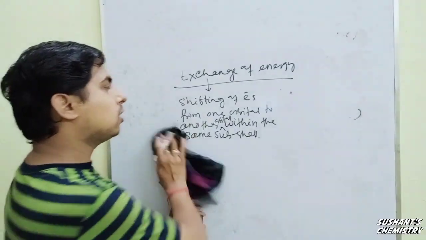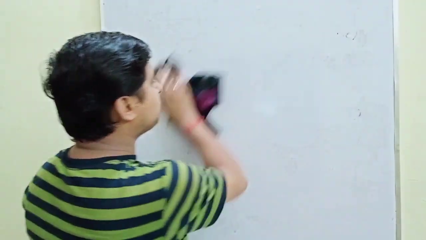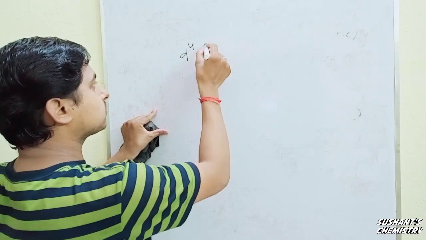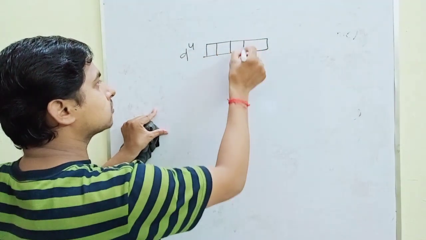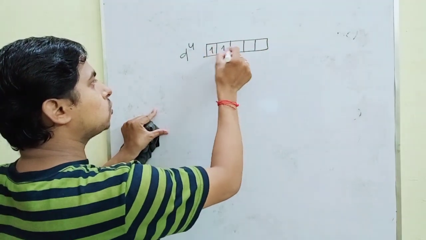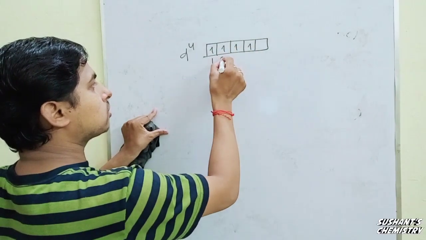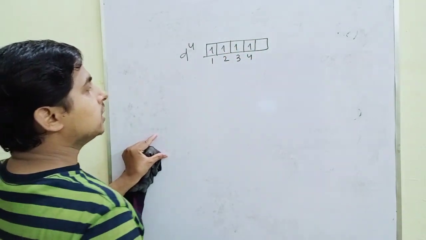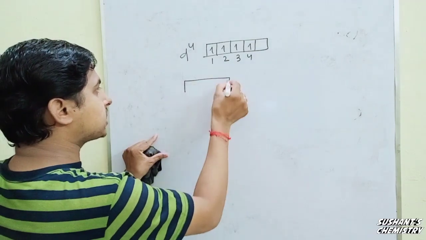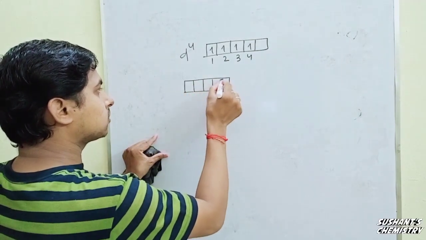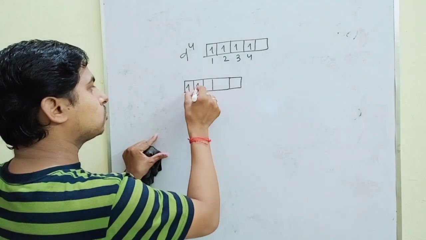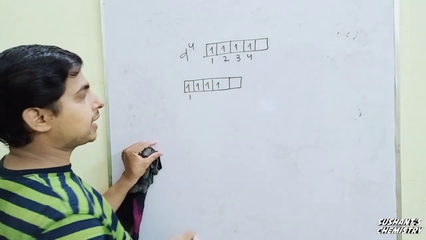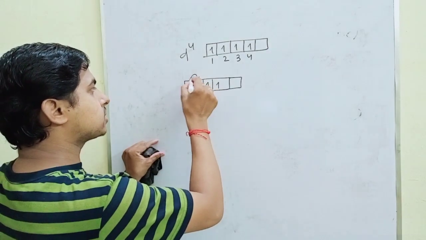Okay. Now discuss D4 and D5 configuration. D4 configuration: 1, 2, 3, 4. First electron, second electron, third and fourth. The first electron can exchange in how many ways? 3 ways.